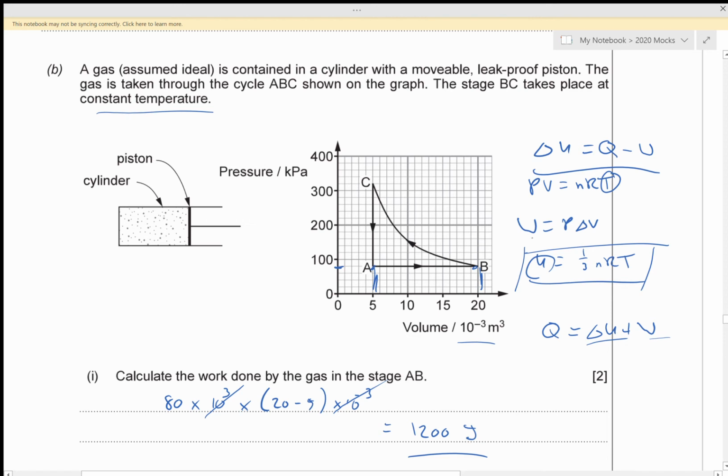We can think about work being done. There is a change in volume here, so work is being done on the gas. The internal energy, however, is remaining constant. So if work is being done on the gas, but the total internal energy is constant, then by this, heat must be flowing out of the system.